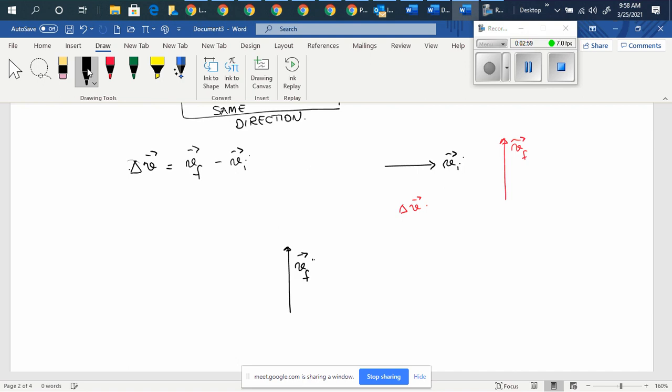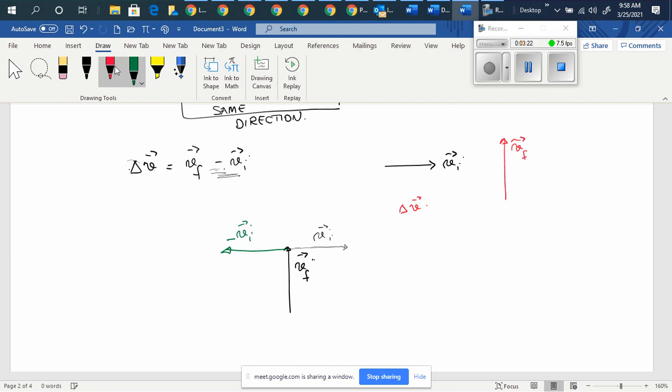Now, if we were going to add the initial velocity, we would go in the east direction. So this will be the initial velocity. Since what we are doing is adding the opposite of the initial velocity, we change the direction and keep the magnitude. So this will be negative Vi.